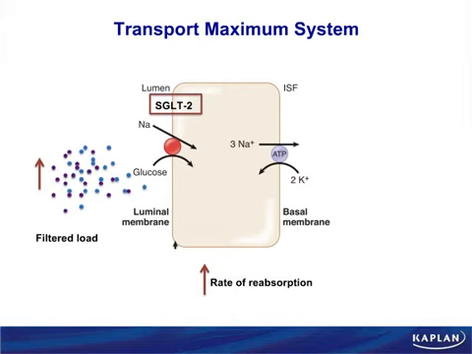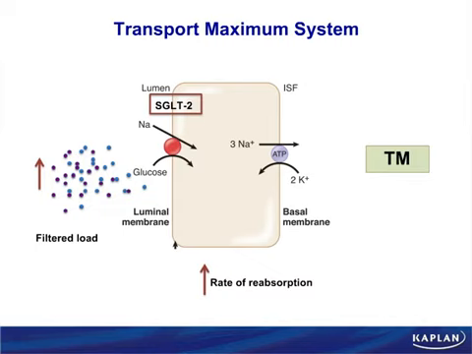And they do. At some point, the SGLT2 carriers become saturated. Once they become saturated, you continue to reabsorb glucose, but you reabsorb glucose at a constant rate. That constant rate of reabsorption of glucose is known as transport maximum.